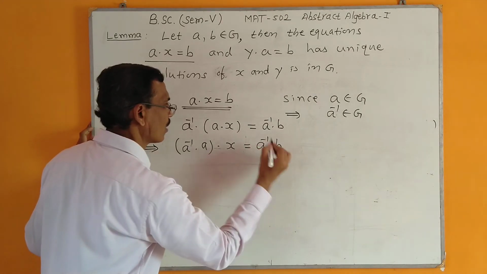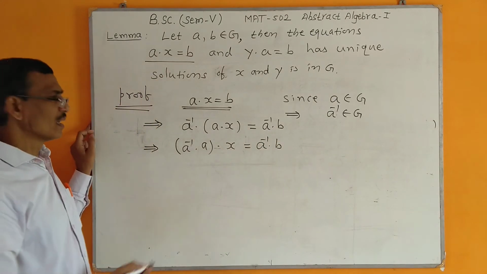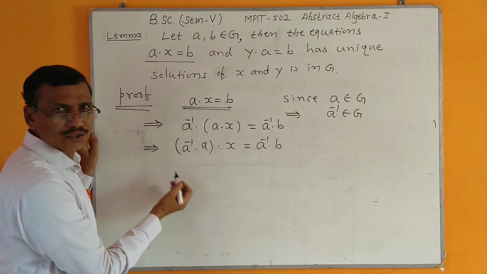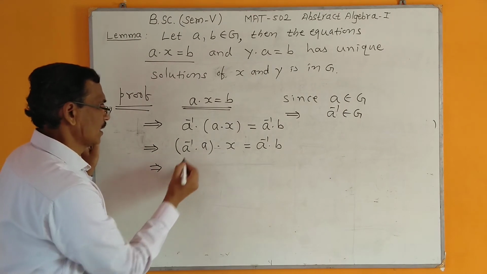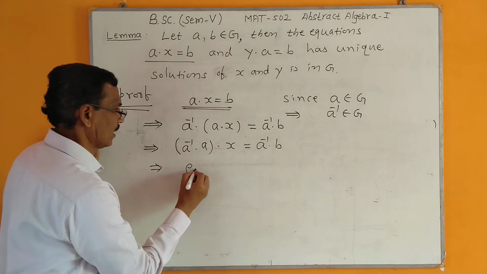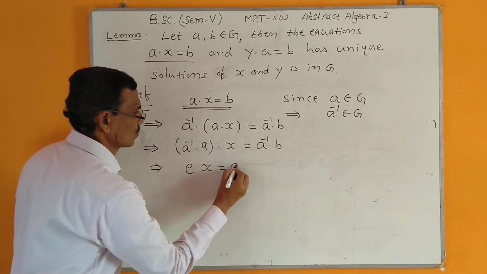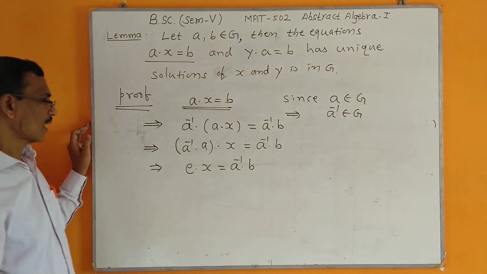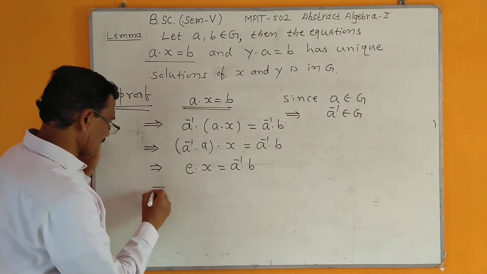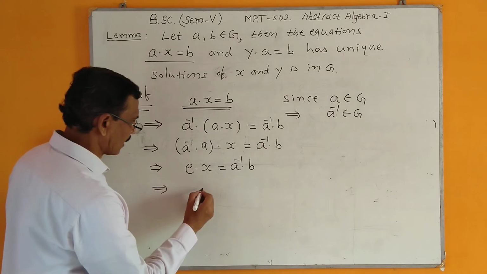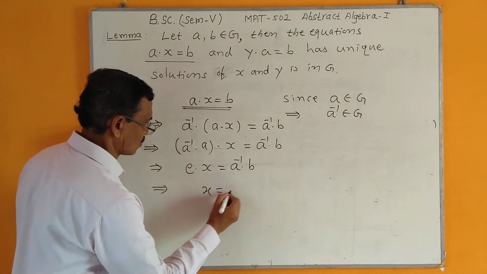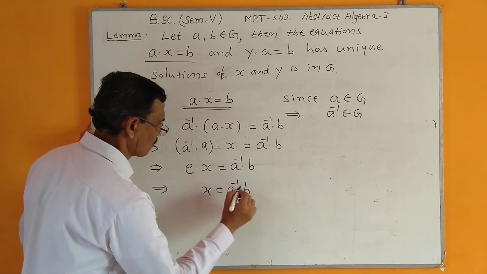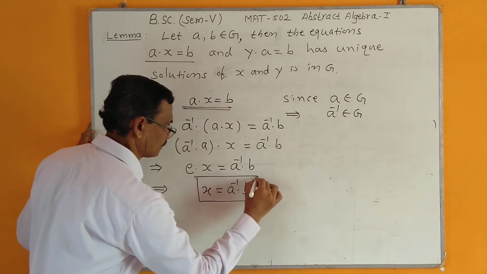Therefore it can be written as A inverse dot A, dot X, and the right hand side as it is, A inverse dot B. As these are the inverses of each other, their value is E, the identity element. So E dot X is equal to A inverse dot B, and by the definition of identity element, X is equal to A inverse dot B. This is the solution.